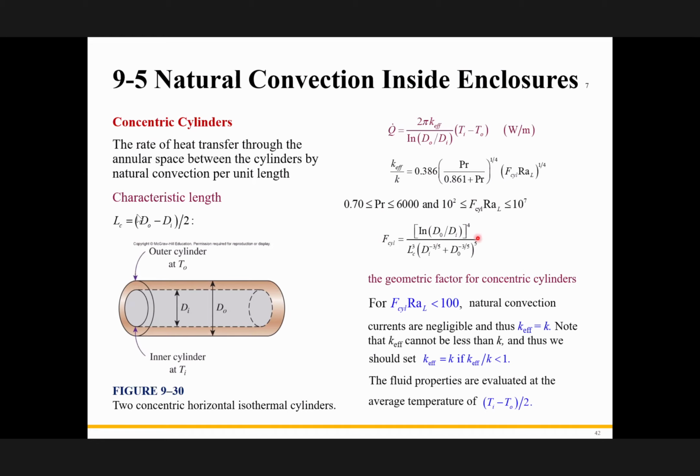Okay, the geometric factor for two cylinders. Okay, if it's less than 1, with natural convection. Therefore, this is what you have to calculate here. This is the equation they use to calculate the energy transfer by convection between two tubes, and the K effective is defined here, calculated based on this equation. So you replace it here and that. Okay.